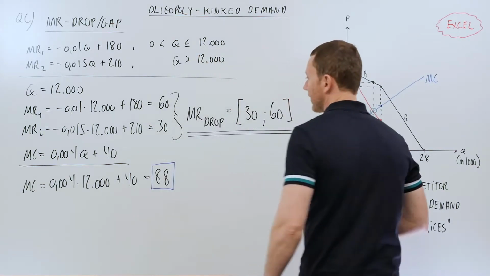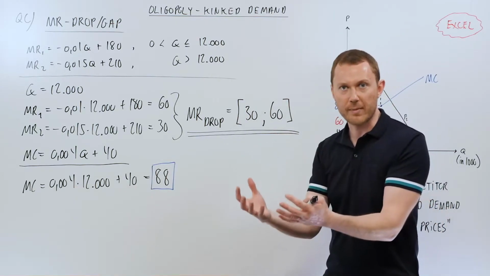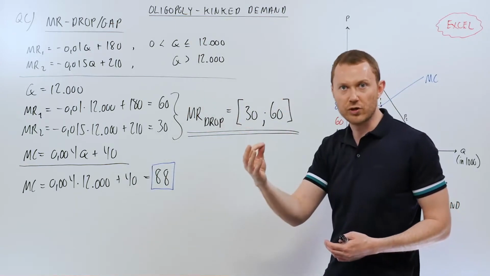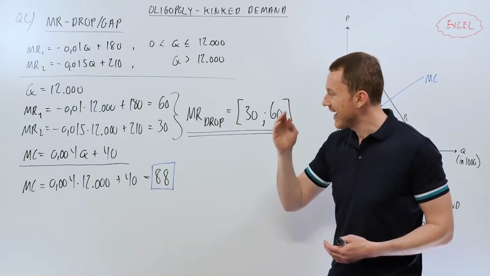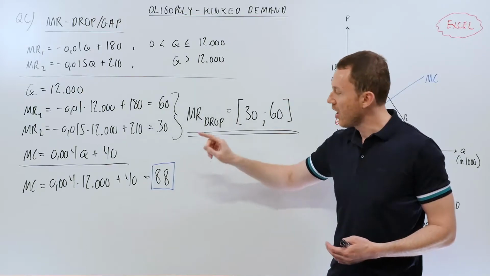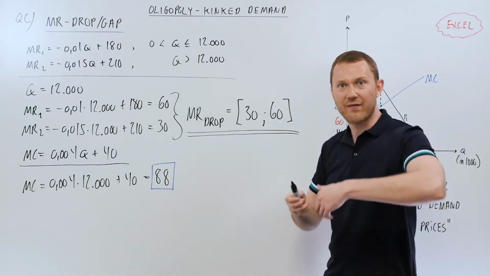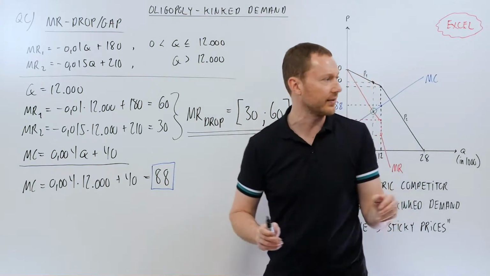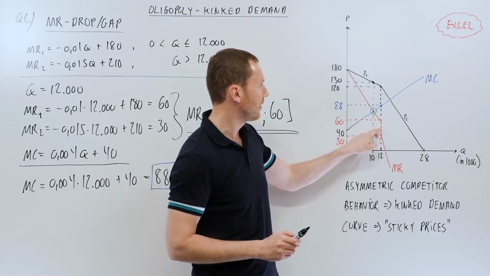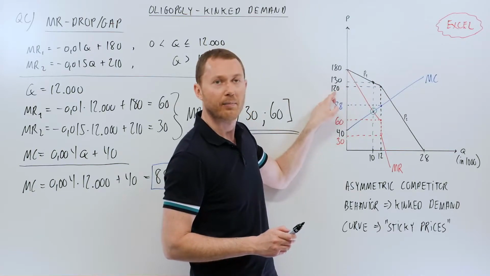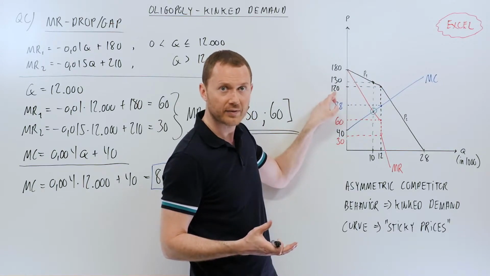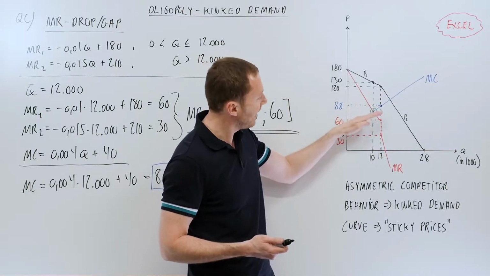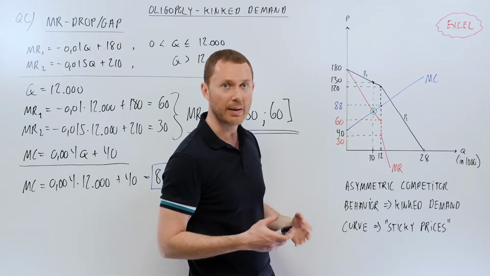So at the exam, just to sum it up, calculate MR drop, substitute the drop value of Q into your MC function, and look at that number. If it's in the interval, it intersects in the drop zone, thus giving you the optimal price of the current price. If it's above, you set it equal to MR1, and if it's below, you set it equal to MR2.